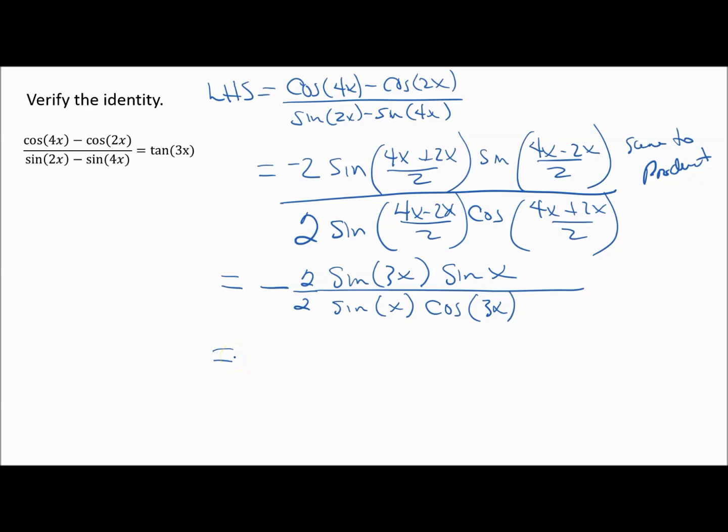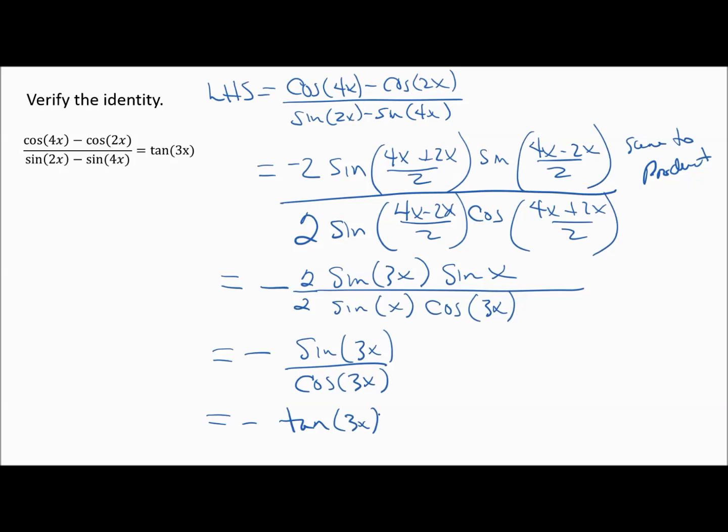I continue on. My 2's cancel, and my sine of x's cancel, so I have negative sine of 3x over cosine of 3x. Okay, that tells me I have negative tangent of 3x.